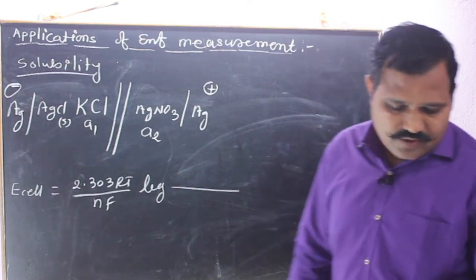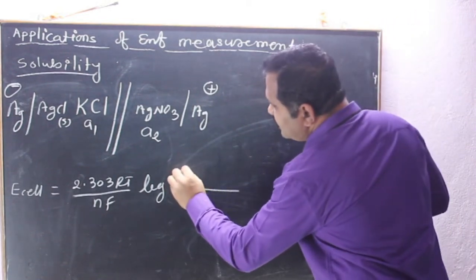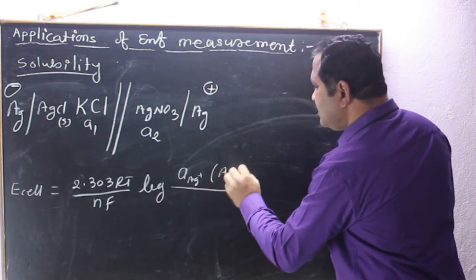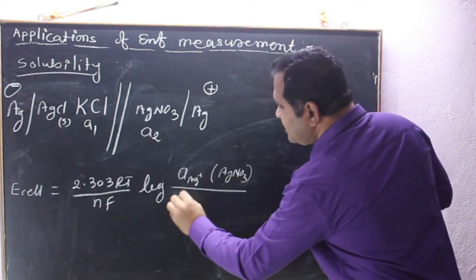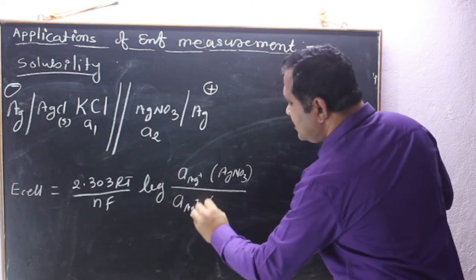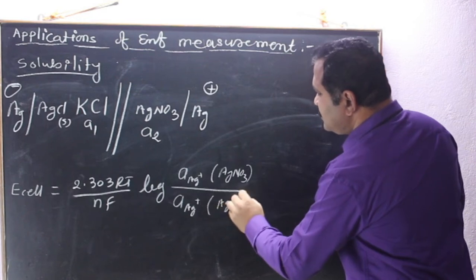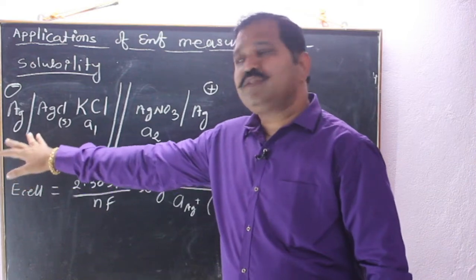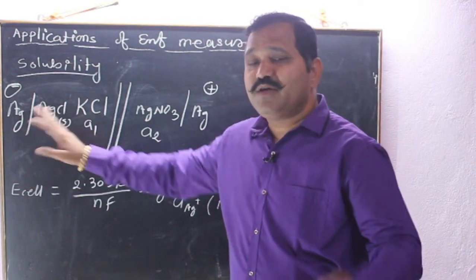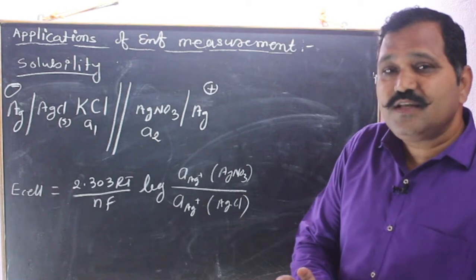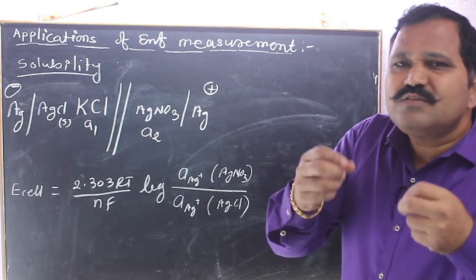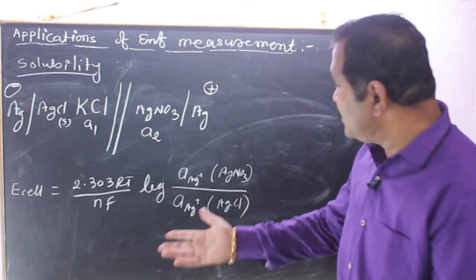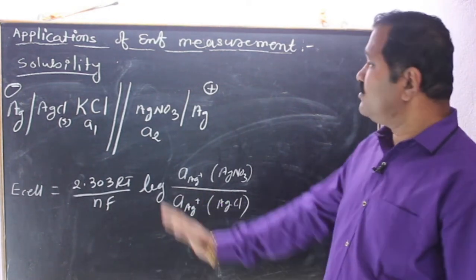It is activity of Ag plus in AgNO3 divided by activity of Ag plus in AgCl side. No doubt there is a formation of AgCl precipitate, but still that AgCl is a sparingly soluble salt. A small amount gets dissolved. Whatever be the amount, whatever be the concentration, it is the activity of Ag plus on this left side.